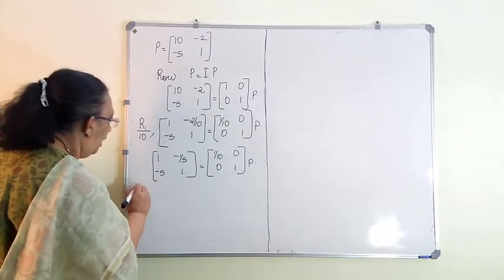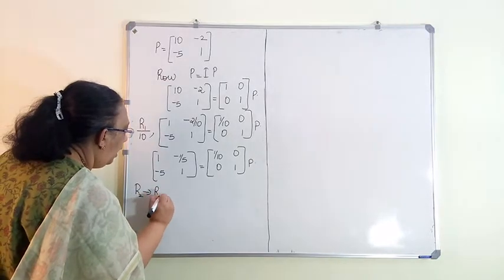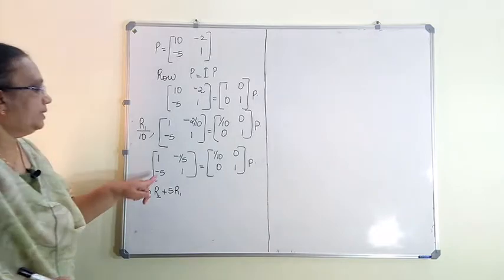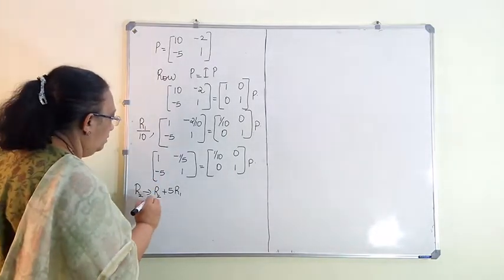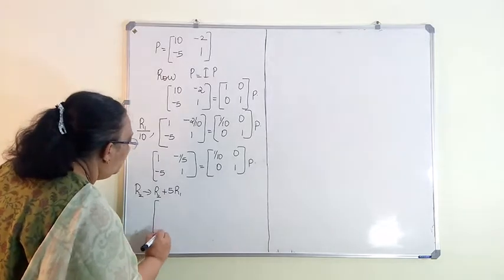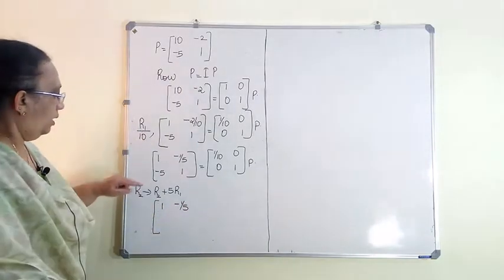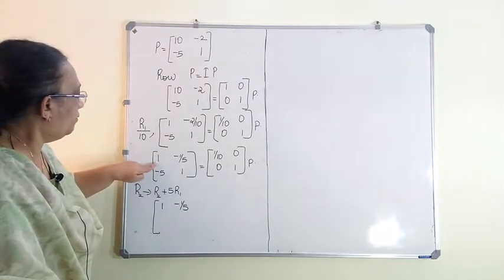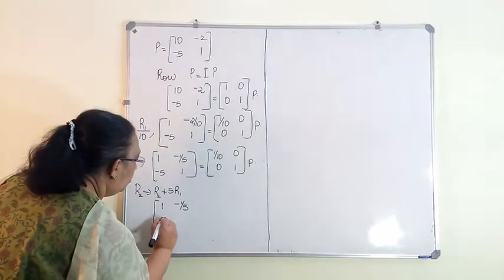What I'll do is R2 is changed as R2 plus 5 R1, because it is negative 5 over here. First row, 1, -1/5. R2: minus 5 plus 5 into R1. Here it is 5, so minus 5 plus 5 is 0.